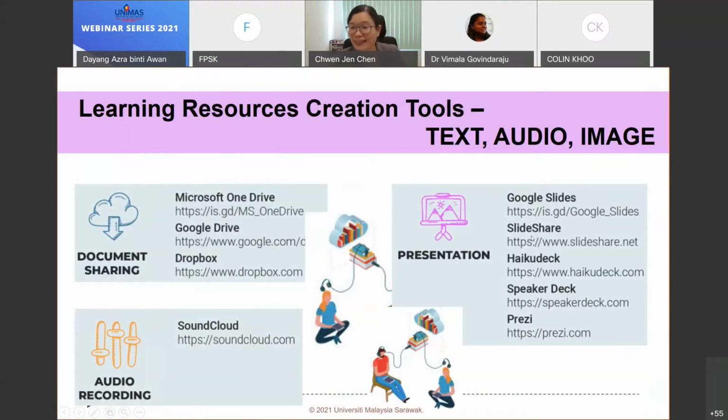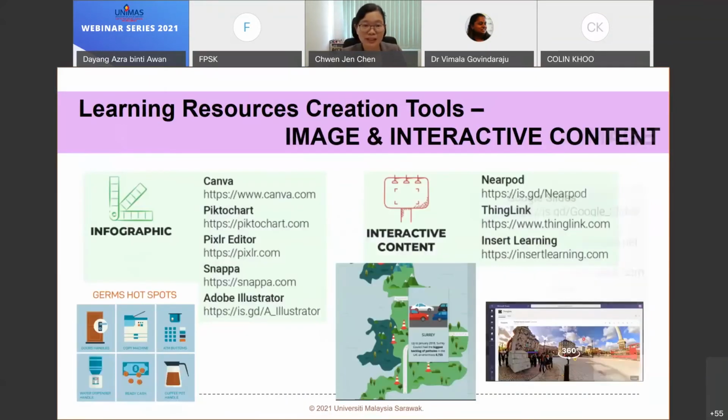But besides that, you can also use other types of tools to help you to create your presentation visuals. Or if you want to create infographics, then you start to think of the tools that will help you to create the infographics. You may try tools like Canva, Chart, Pixel Editor, Snapple, Adobe Illustrator. If you are well versed with Adobe products, you can go for that.